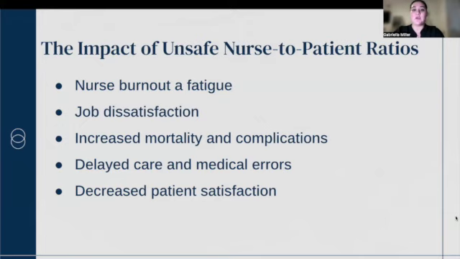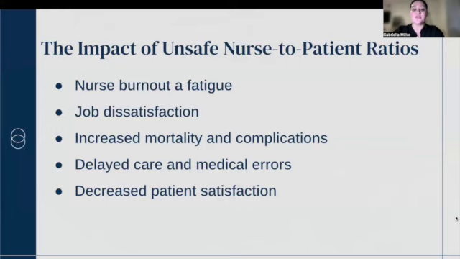When nurses are overwhelmed, they may unintentionally delay or forget critical tasks, which is referred to as rationing of nursing care, which is the unintentional withholding or delay of provision of nursing care essential to maintaining the health and well-being of patients. This can lead to and includes medication errors, falls, pressure ulcers, and other complications.